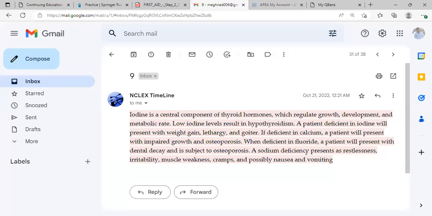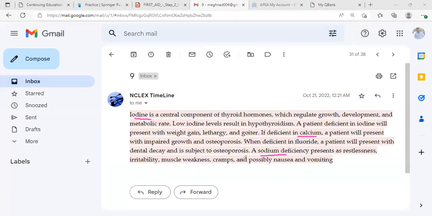A sodium deficit presents with restlessness, irritability, muscle weakness, cramping, and possible nausea and vomiting. So from this note, there is a bit of information, right? One is sodium deficiency, one is calcium deficiency, and iodine deficiency.